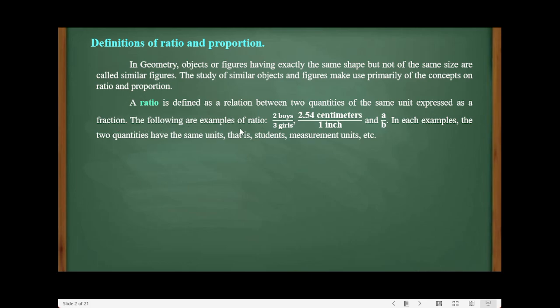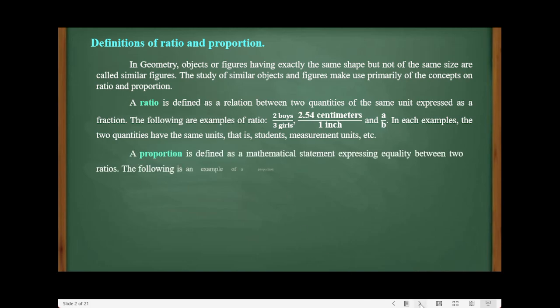The following are examples of ratio: 2 boys is to 3 girls, 2.54 centimeters is to 1 inch, and generally, A is to B. In each example, the two quantities have the same units, that is, students, measurement units, etc., just to name a few.